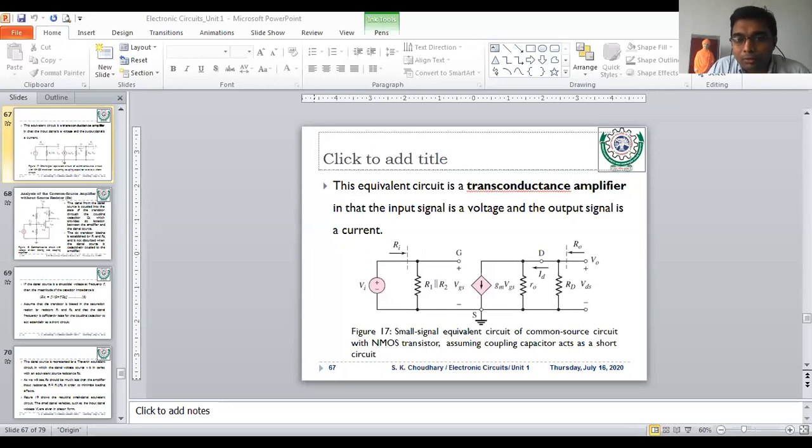Now, to draw the small signal equivalent circuit, we first have to draw the small signal equivalent circuit of the MOSFET, and then convert it into the common source amplifier.